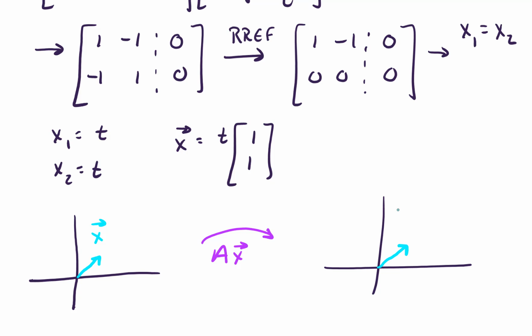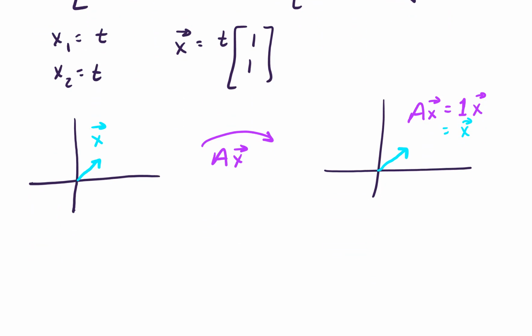So A times x equals 1, that's our lambda, times x. In other words, we put in an x and we get out the exact same vector. Those vectors do not shrink or stretch. They maintain their size and their direction. So nothing that exciting happens, if you want to think of it that way.